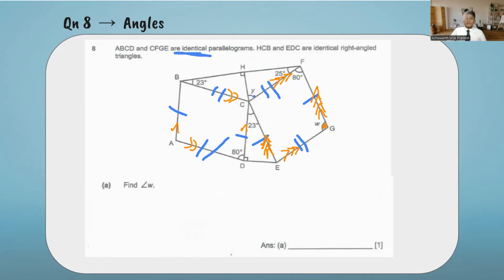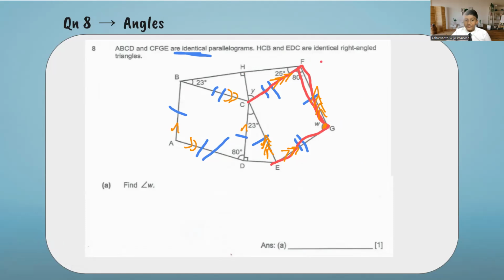If you say that interior angles are 180 degrees, you are correct. So, because this angle, let's label it, this angle CFG and angle FGE are in the parallelogram, we can use the properties of interior angles to find it.